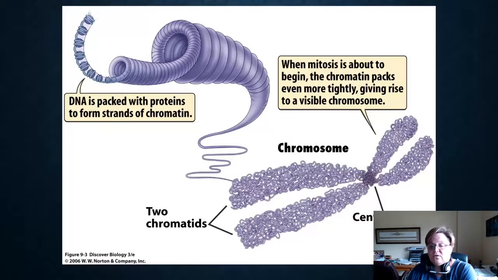So we also can see that each of the chromosomes is comprised of two chromatids, and these are parts of the DNA protein strands. And when mitosis is going to begin, the chromatin packs even more tightly, closer together, so that it's more visible.